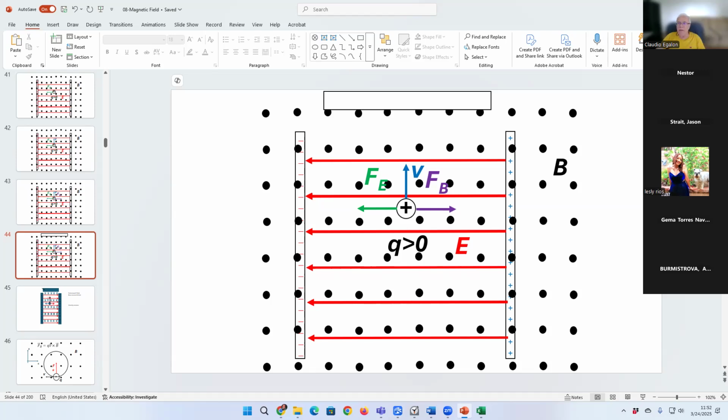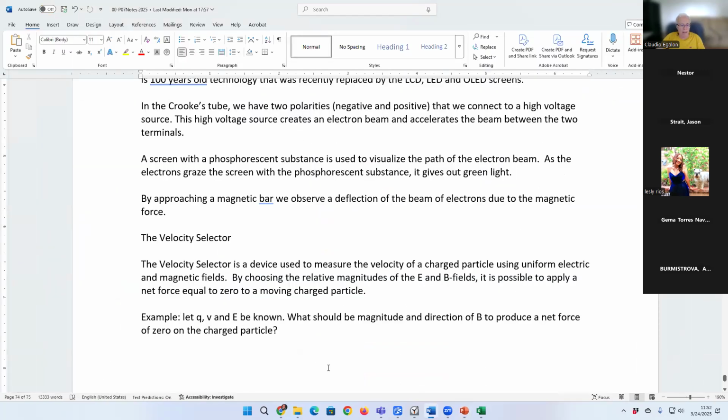Let's work that out. Let Q, V, and E be known. What should be the magnitude and direction of the B field to produce a net force equal to 0 on the charged particle? Okay, solution.